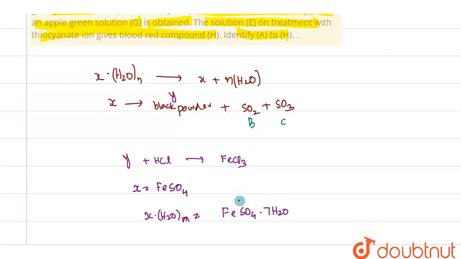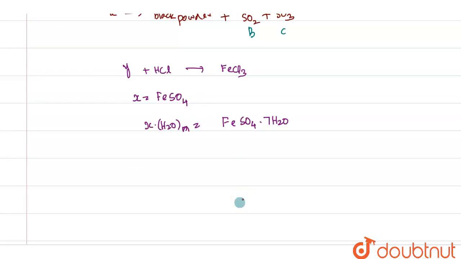Ferrous sulfate on heating gives first FeSO4 plus 7H2O, and further heating of FeSO4 will give SO2, SO3 gases, and the other compound formed will be ferric oxide. This will be the compound B.